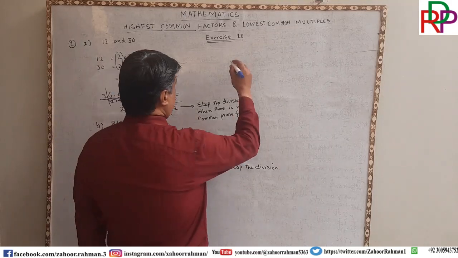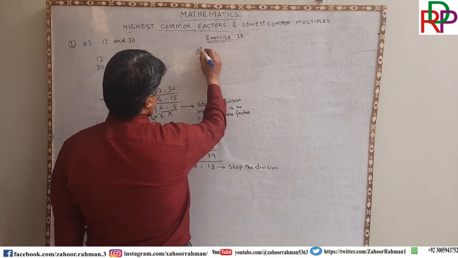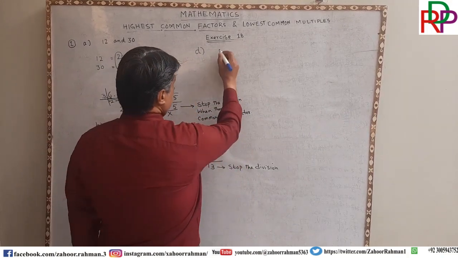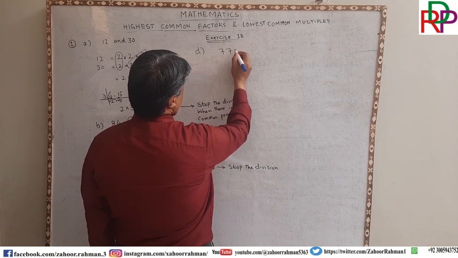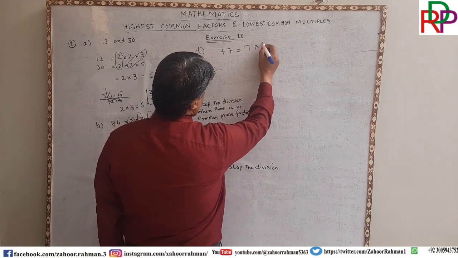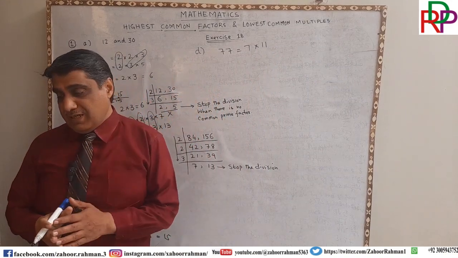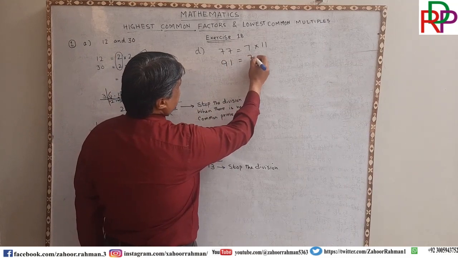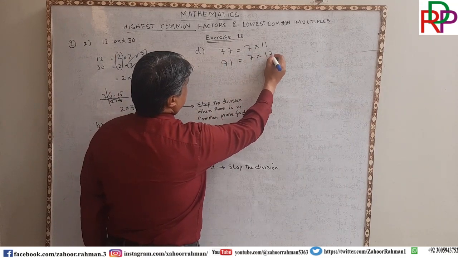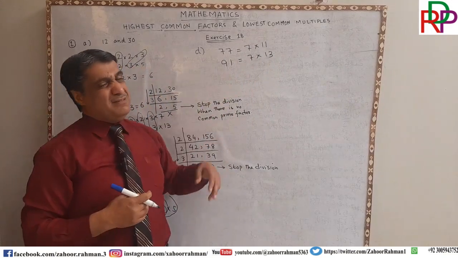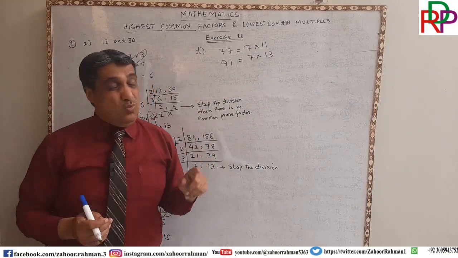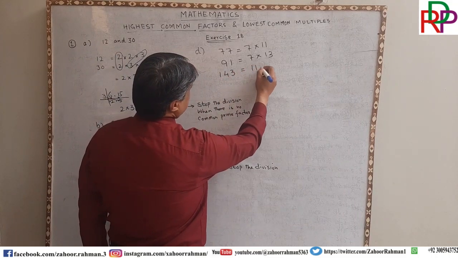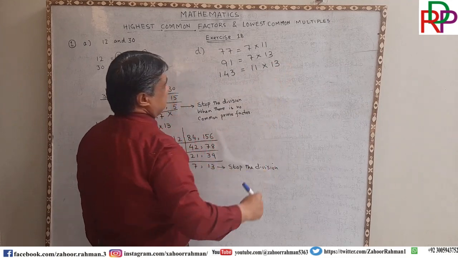Now we are coming towards the D part, and the D part is saying 77. First one is 77. So 7 and 11 are the prime factors. 91 has 7 and 13 as its prime factors. 143 is the next one, and that is 11 and 13.